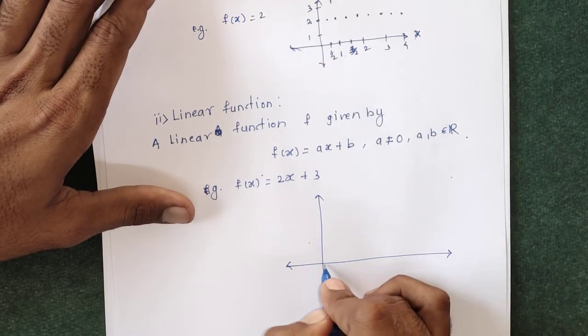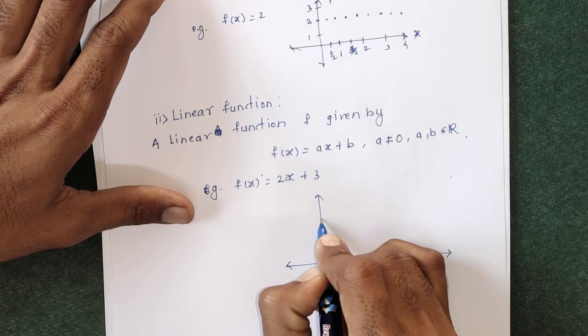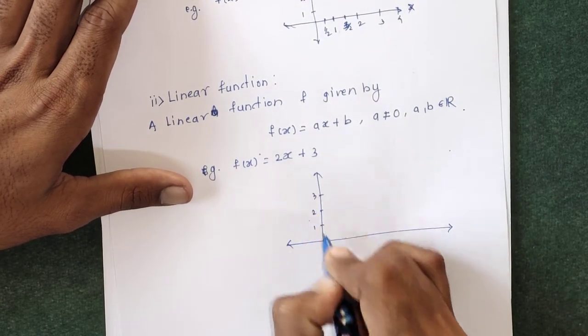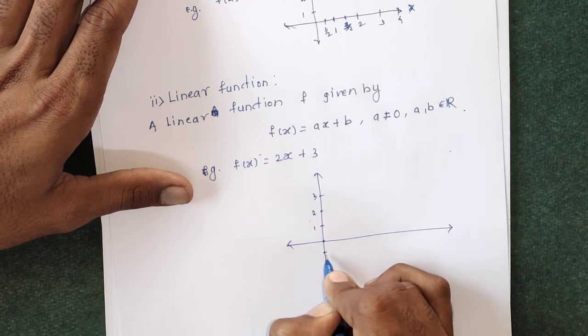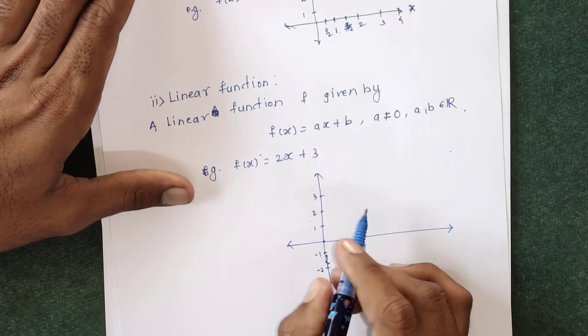Suppose x is equal to 0. On the axes, this is 1, 2, 3, this is 0, this is minus 1, minus 2 and so on.